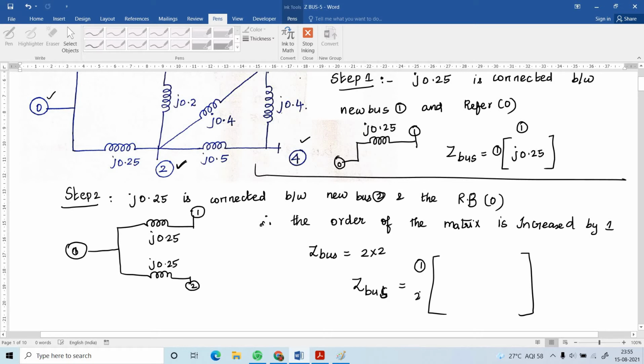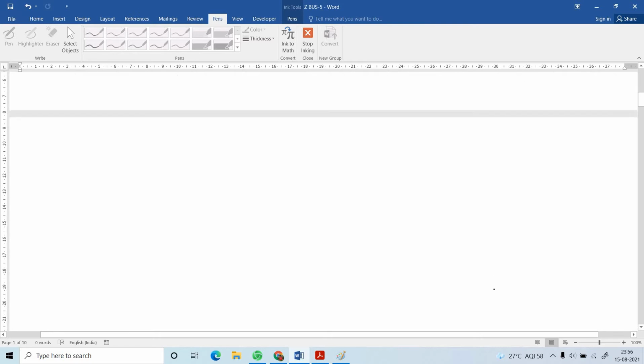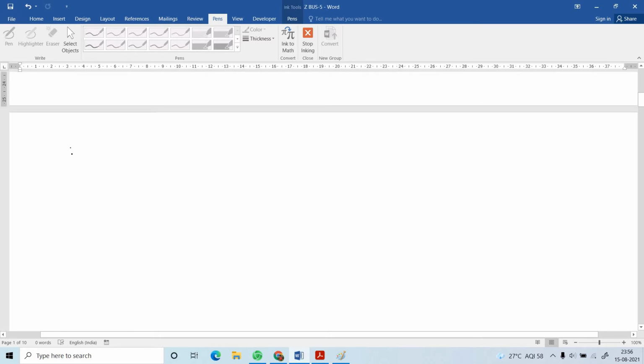Put 1 here, 2, 1 and 2. Have to write the same element again, J0.25. Here 2 is connected to the reference bus, but there is no connection between 2 and 1. Put 0 here. Here J0.25. Second step is over.